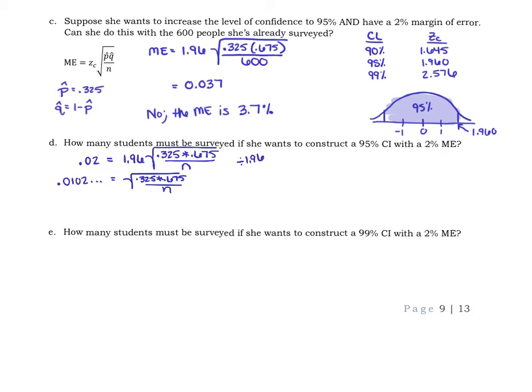Then, to get to n, we want to get rid of the square root symbol. So what you're going to want to do at that point is square both sides. So we'll have 0.0102, that whole number squared, equals 0.325 times 0.675 over n. I'm not going to write down what that value is right at the moment, although I will tell you it's like 1.04 times 10 to the negative fourth.